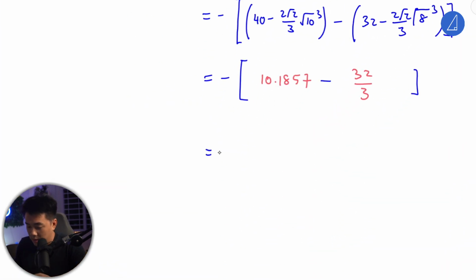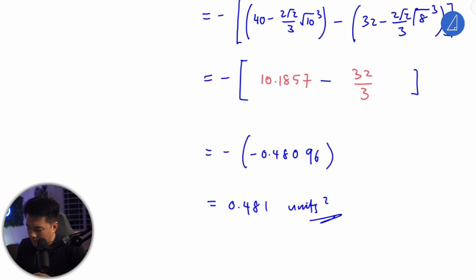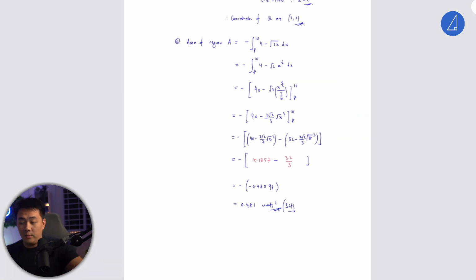So this will be negative, 0.481 square units to 3 significant figures. Okay, so that's how I'll do this question here.